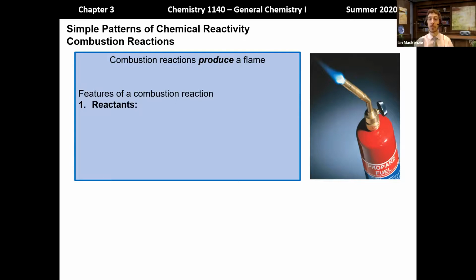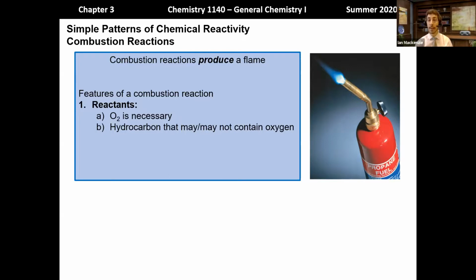So first, on the reactant side of the equation, we must have oxygen. So combustion reactions require oxygen. That's the necessary reactant with whatever you're burning. And normally, in most combustion reactions, the other reactant is a hydrocarbon of some kind.